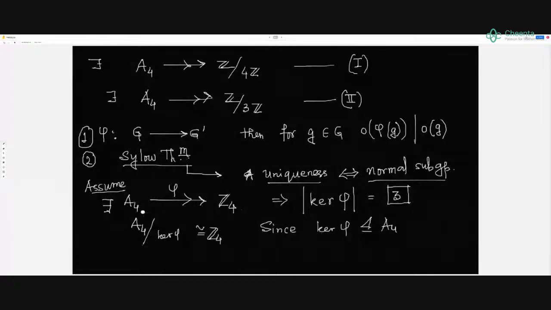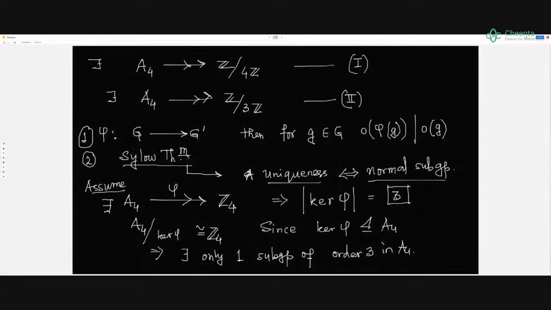So if our assumption was correct, then there exists only one subgroup of order 3 in A4, but that is not true, because if you take order 3, then all the 3-cycles present in A4, you take the cyclic subgroup generated by them.